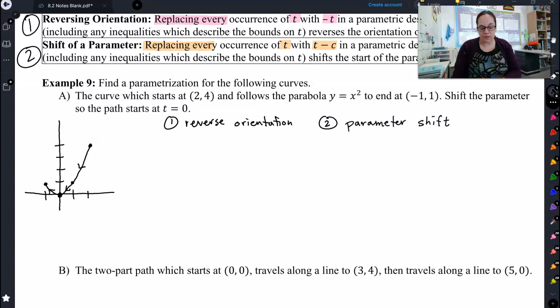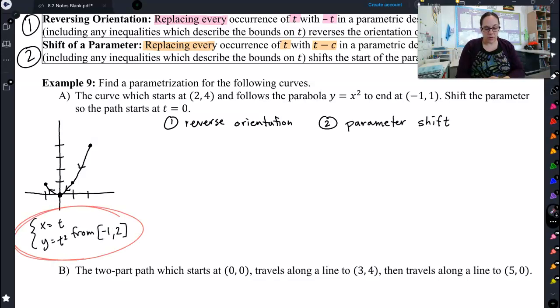Now before I make those adjustments, I should probably list what this parametric equation is. So we have y equals x squared. Use the rules we learned in the last video. Since this is a y equals equation, we do x equals t, y equals t squared, and now we'll just list the x values, from negative 1 up to 2.